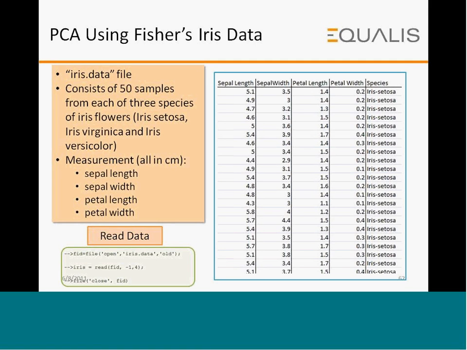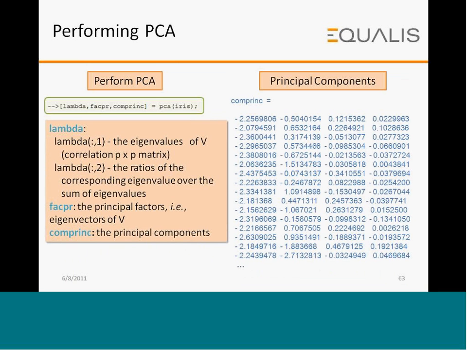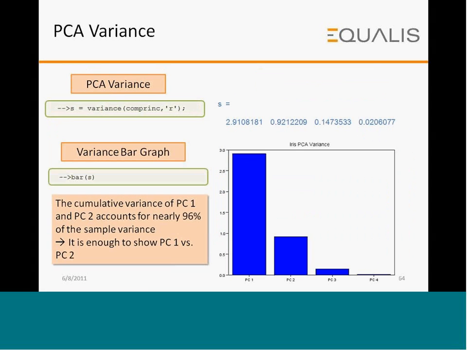And you read the data, and we can perform principal component analysis. It's as simple as this one line of program which has a built-in function in Scilab for doing principal component analysis. So this gives me the principal components, and we want to plot it, say PC1, PC2, PC3 for these iris flower species.